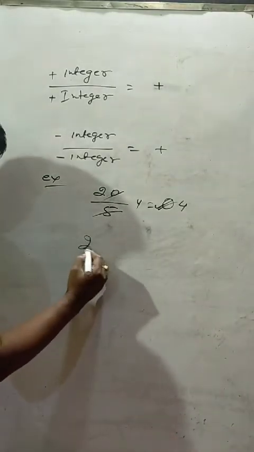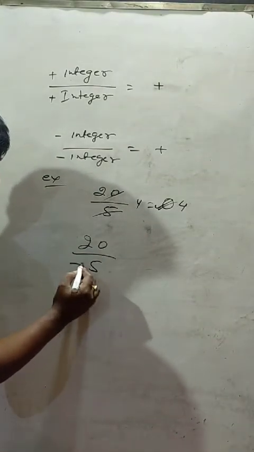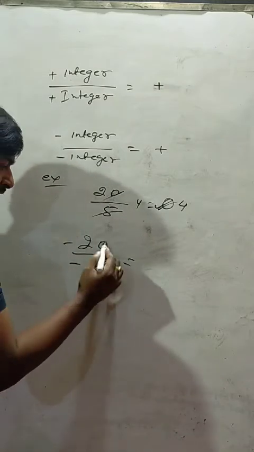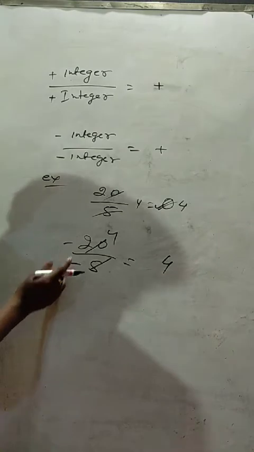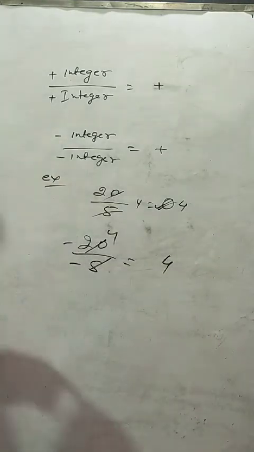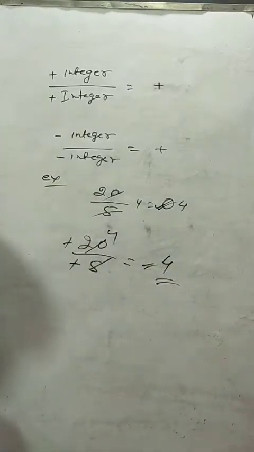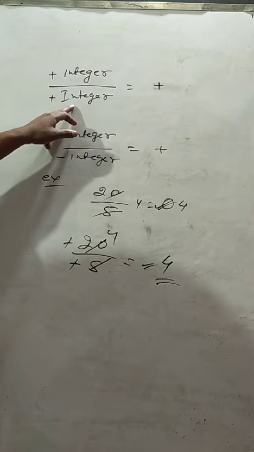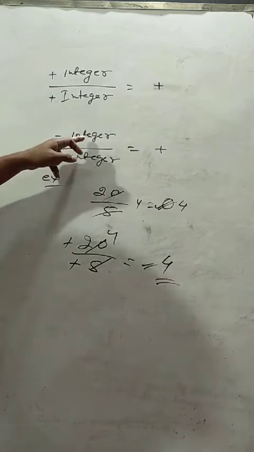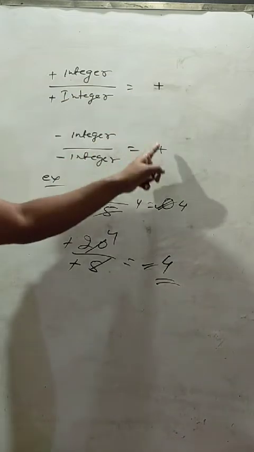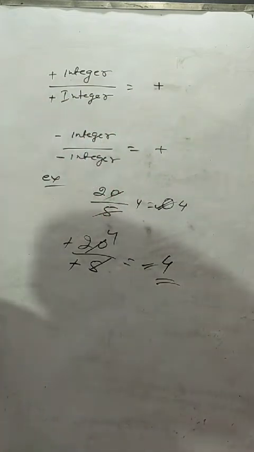Again, if we divide minus 20 by minus 5, 5 times 4 is 20, and the minus signs will be cancelled out, and the result will come out positive. So it is clear, if we divide an integer by another integer of the same sign, the result will come out as a positive number.